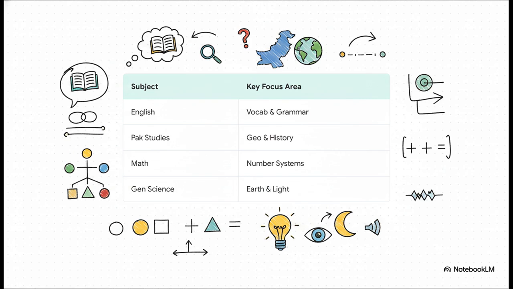For Pakistan studies, you're looking at geography and history, really connecting the past to the present. Over in mathematics, it starts right at the foundation with number systems and operations. And in general science, you've got to understand the specific phenomena listed on the syllabus, things like earth sciences, sound and light. If you categorize your prep into these specific focus areas, you'll stop wandering aimlessly through massive textbooks.